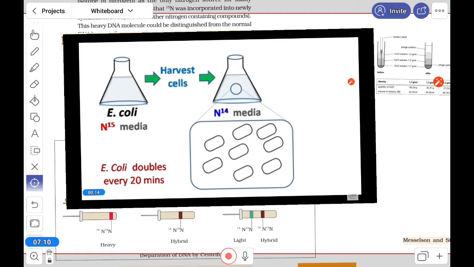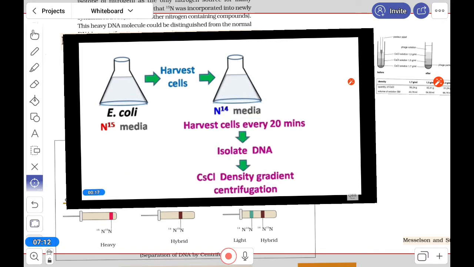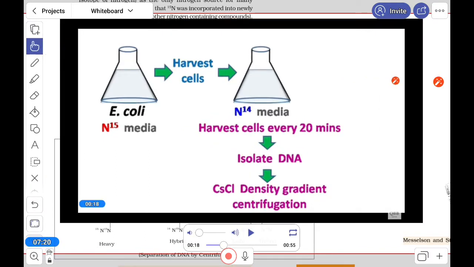What we have to do now is take DNA every 20 minutes, because the cells divide equally, so the DNA will divide. We isolate the DNA, put it in cesium chloride, do gradient centrifugation, and see the layers.